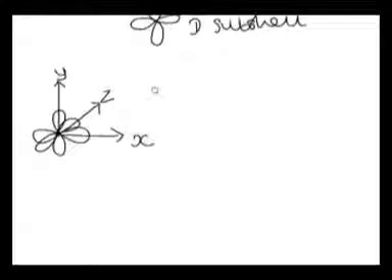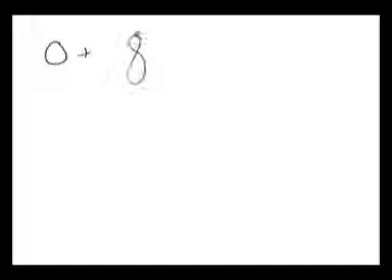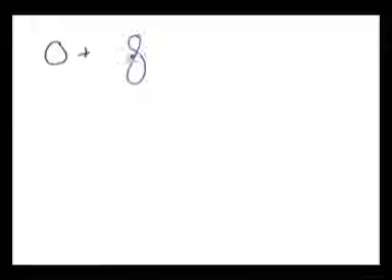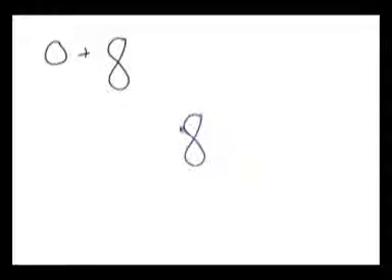So let's talk about what actually happens when carbon makes bonds. So we now know that carbon has 1 S subshell and 3 P subshells.